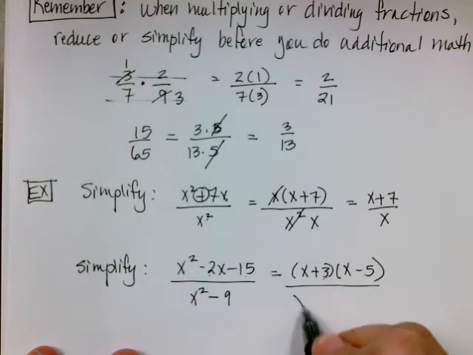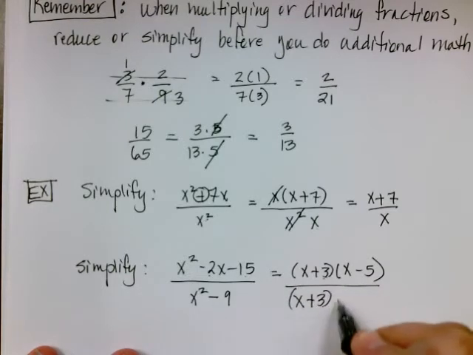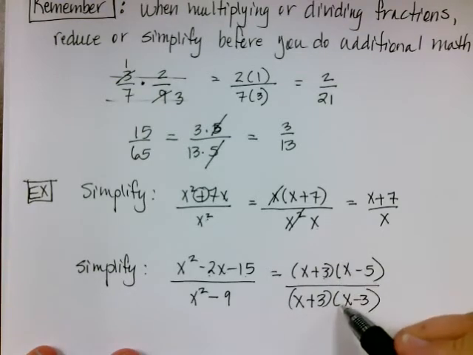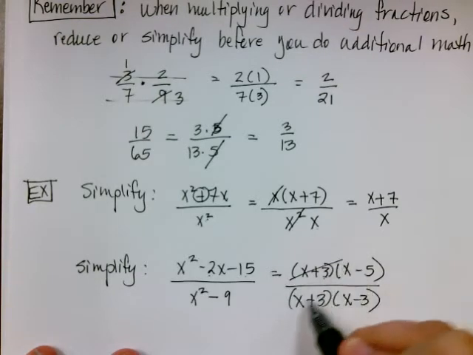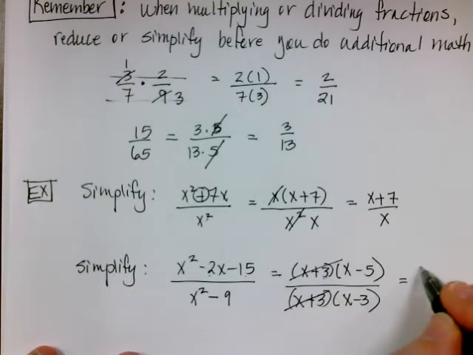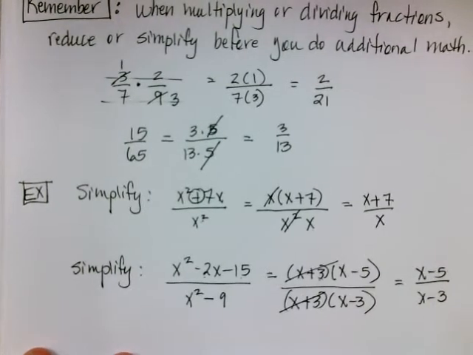The bottom is a difference of 2 squares, so it's going to be x plus 3, x minus 3. These are multiplied together. The x plus 3's cancel, and I'm left with x minus 5 over x minus 3. I can't simplify those because they are separated by a minus sign, so that one is actually done.